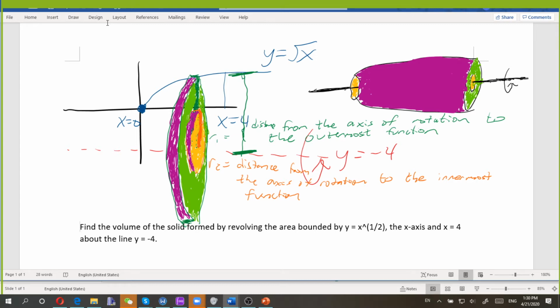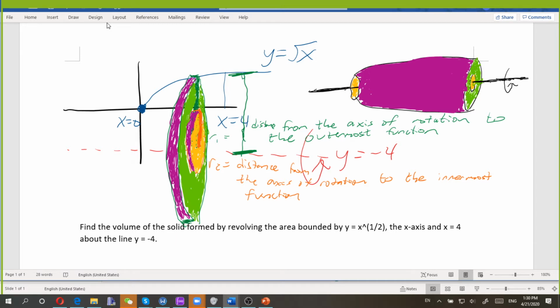In this case, we're cutting out a perfect cylinder because the inside part never changes. This inside radius here in orange is always going to be 4 units long, right? Distance between y equals 0 and y equals -4 is always 4. But our outer radius in green, the distance between y equals -4 and y equals square root x, is going to be root x plus 4.